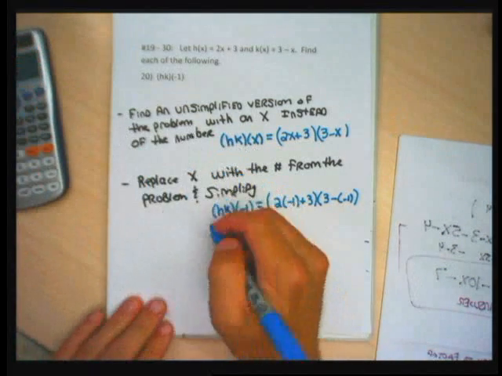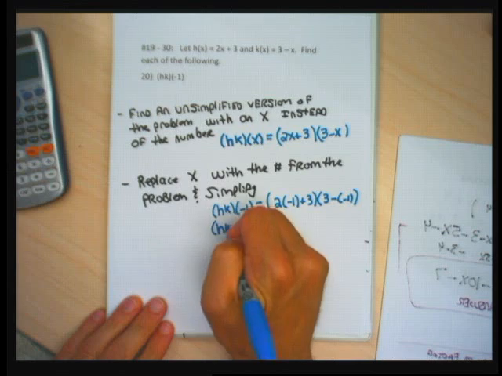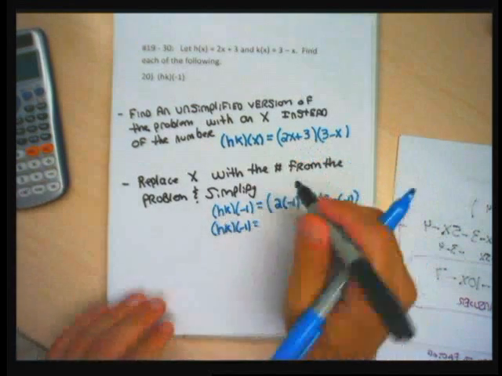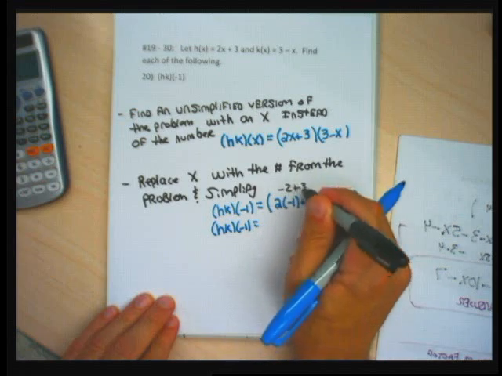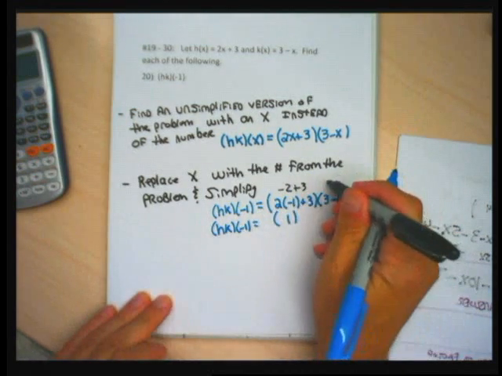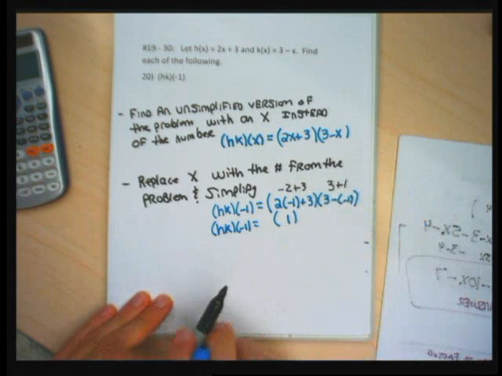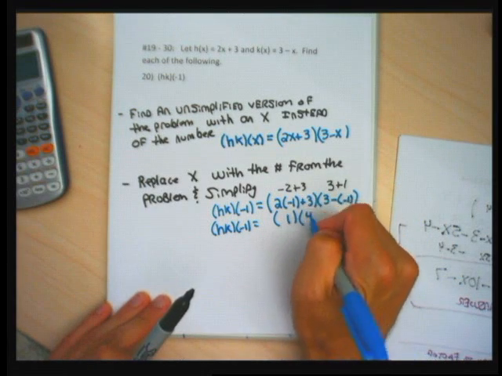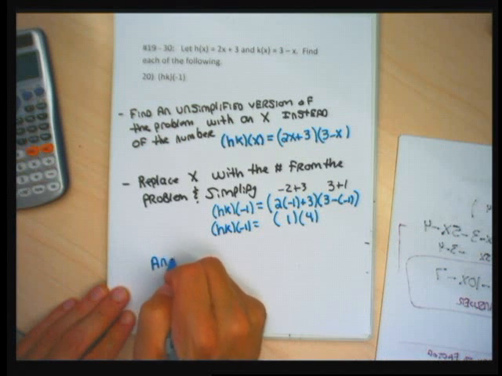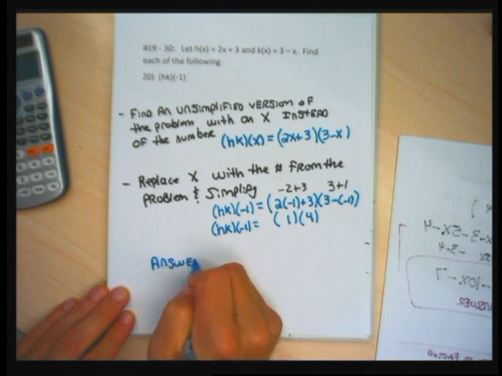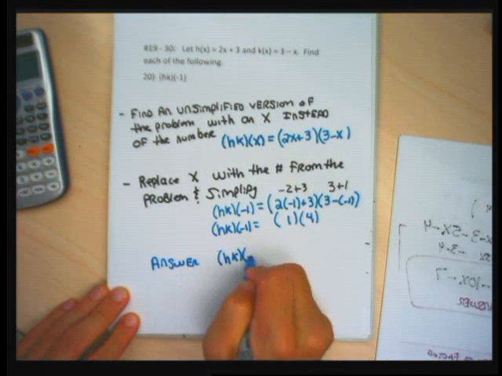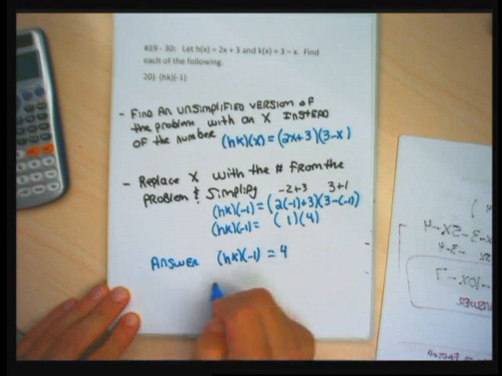So if I did this by hand and didn't use my calculator because I felt comfortable, this first parentheses is -2 plus 3, which is +1. The second parentheses is 3 plus 1, because a double negative goes plus, which is 4. And 1 times 4 is 4. So for my answer, for problem 20, I can say h times k of -1 equals 4.